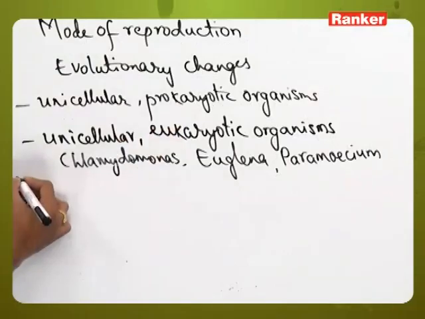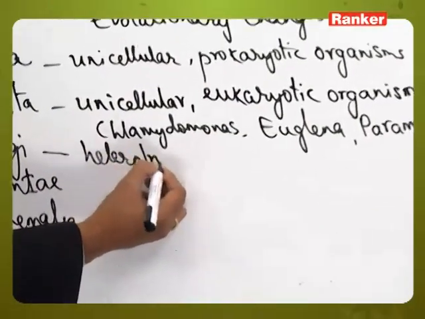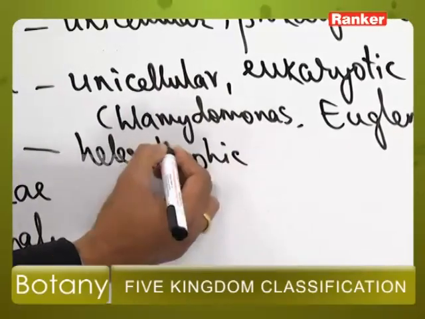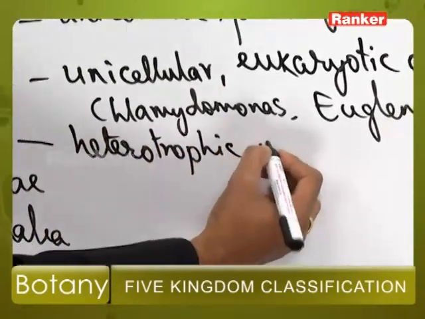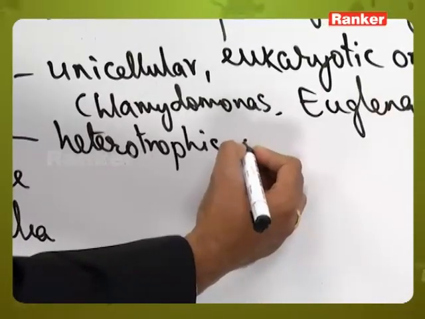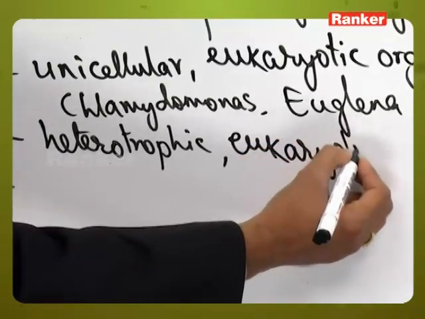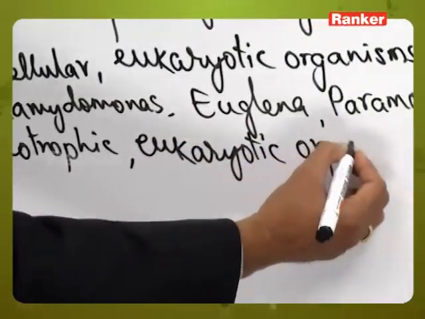And the next one is Fungi. Fungi includes heterotrophic eukaryotic organisms.